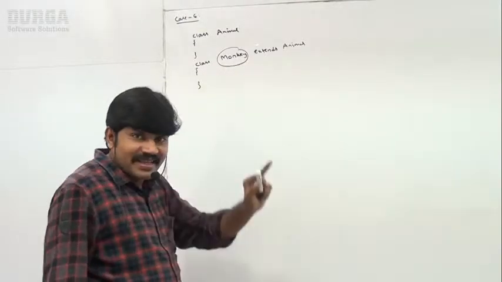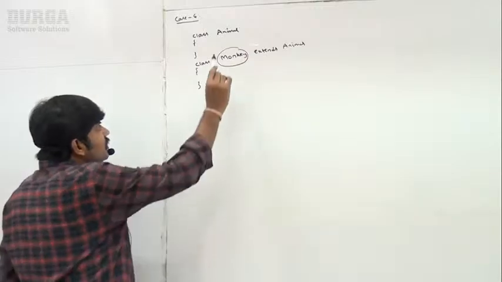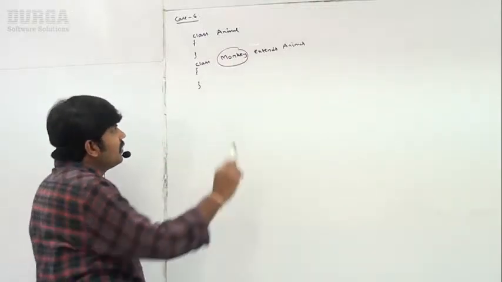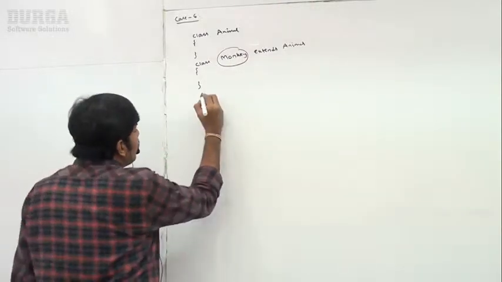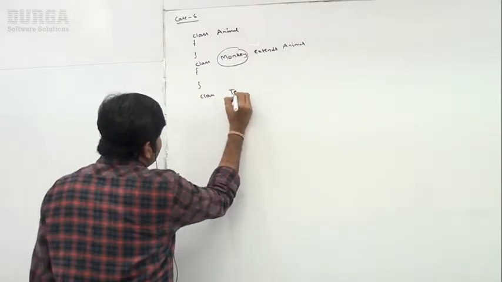Class Monkey extends Animal. So which is the parent class? Animal is the parent, Monkey is the child class. Now class Test.